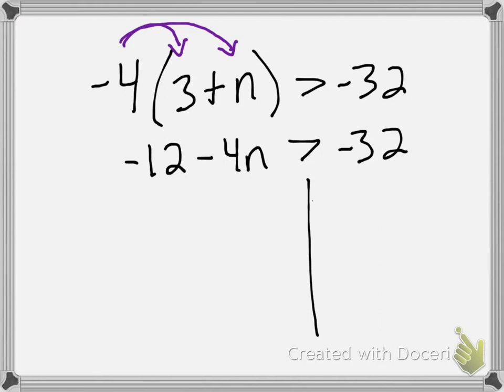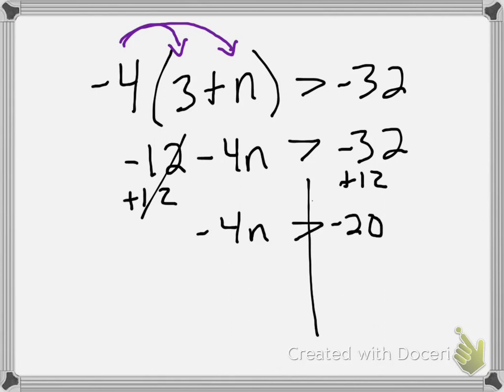Now we're solving for n, so we have to get rid of what was added or subtracted first. So we have to get rid of that minus, or negative, 12, so we add 12 to both sides. Those cancel, so we get negative 4n, greater than, and negative 32 plus 12 is negative 20.